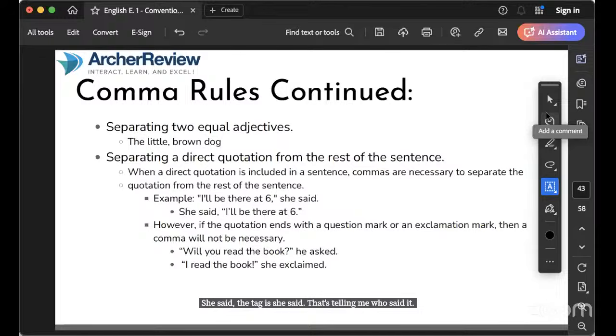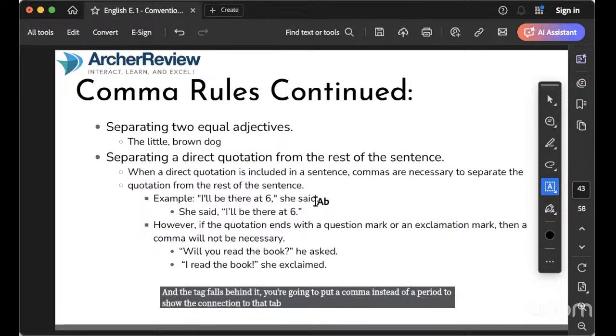All right. When the direct quotation, "I'll be there at 6," comes first and the tag follows behind it, you're going to put a comma instead of a period to show the connection to that tag, and then you put the period at the end.